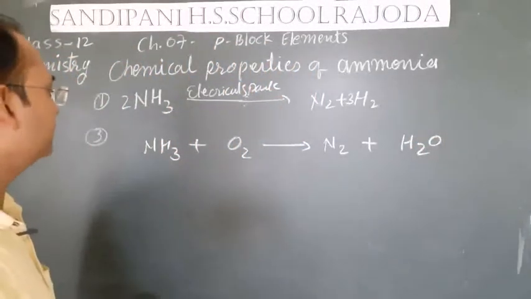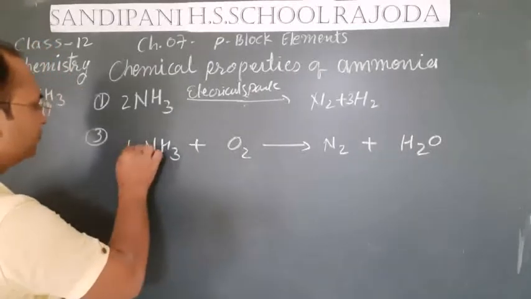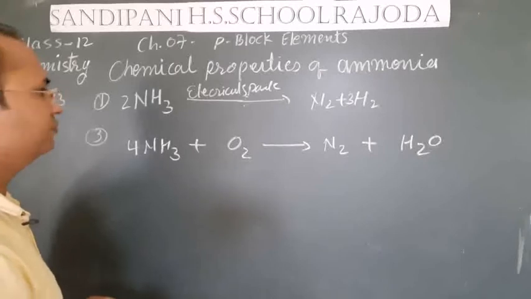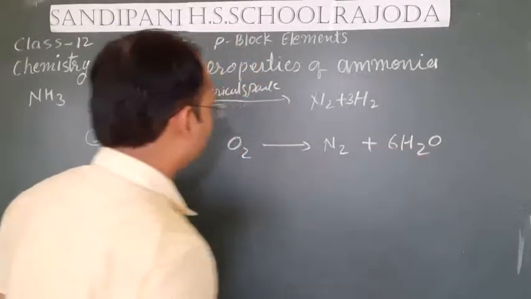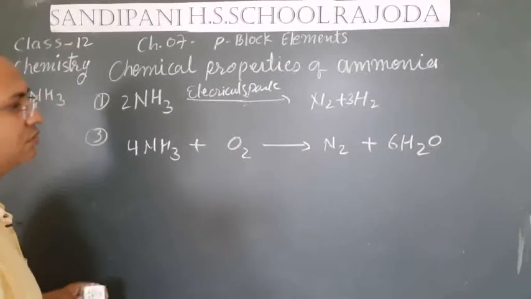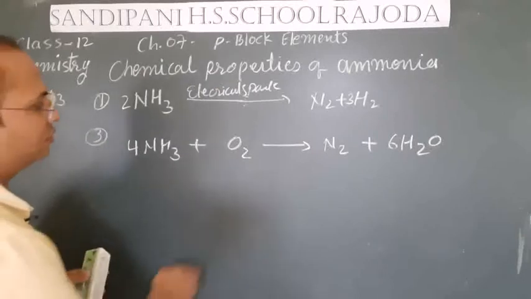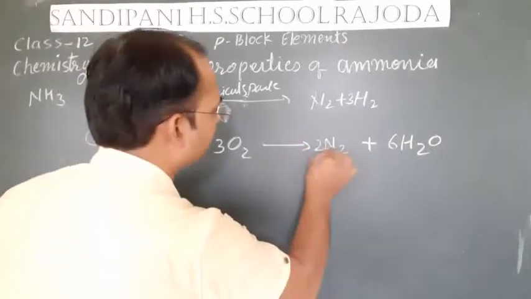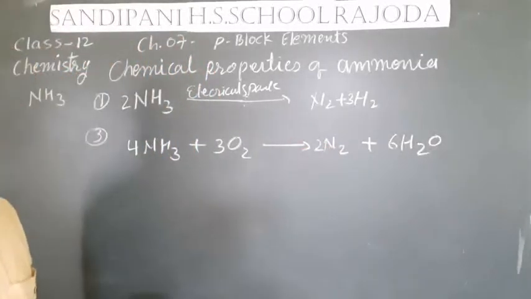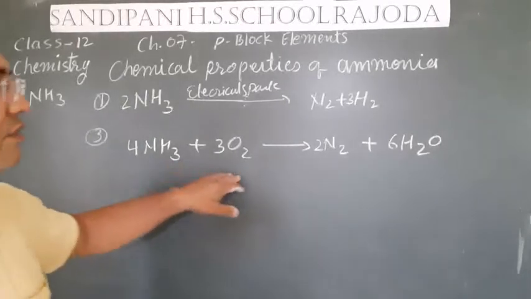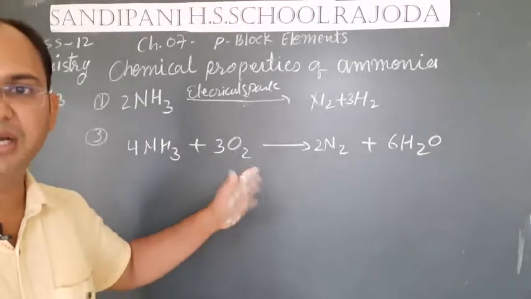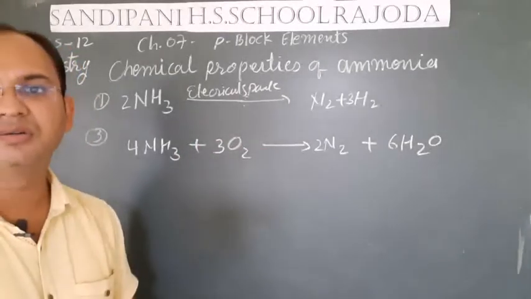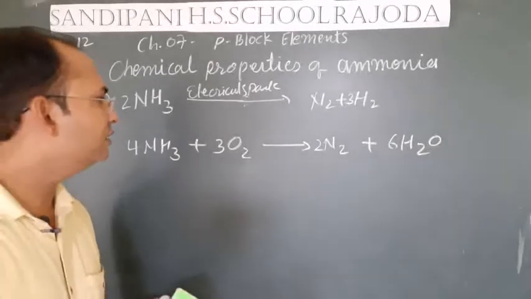If you balance this reaction, then 4 NH3 ammonia, 2 nitrogen. So the ammonia combines with oxygen and burns with a yellow flame to give nitrogen and water vapor. These are the two properties.